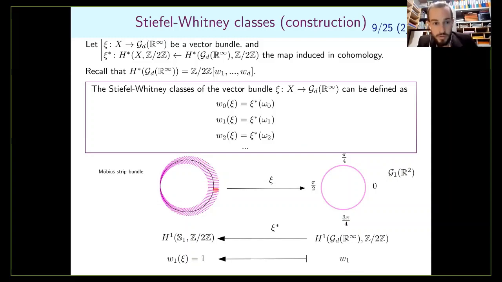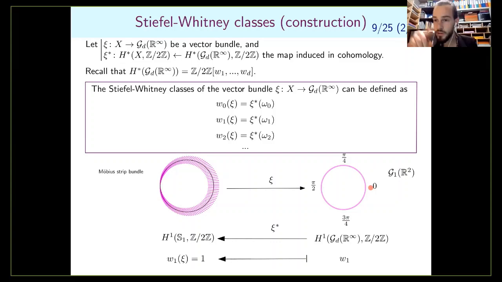You start here, it is mapped to 0, and when you turn around the circle, for instance, if you are here, you have an angle of pi over 2, so you end up here, and then you continue. This map, psi, that describes the Mobius strip bundle, actually looks like the identity.